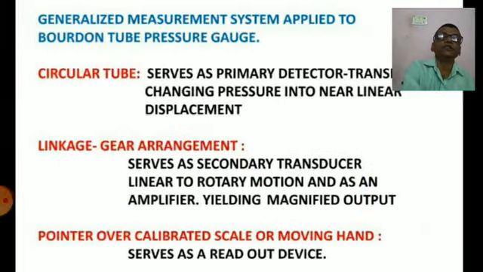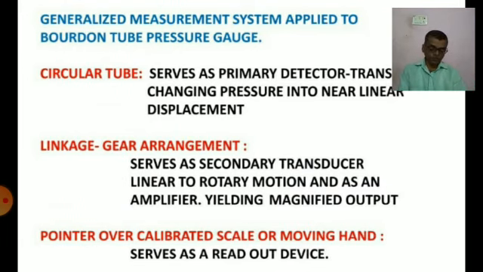So finally you can conclude that the Bourdon tube acts as a primary sensing element as well as a variable conversion element, then the mechanical linkage acts as the data transmission element, then the gearing arrangement acts as the data manipulation element, and the last one, the pointer and dial arrangement, acts as the data presentation element.